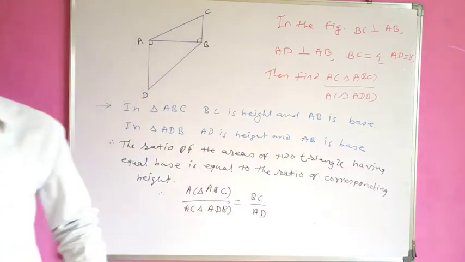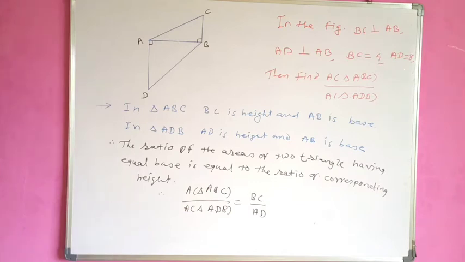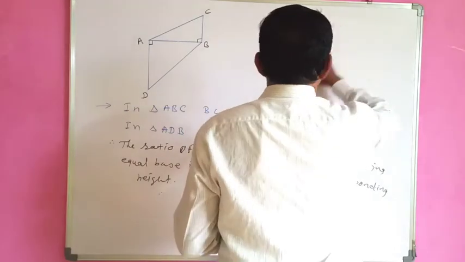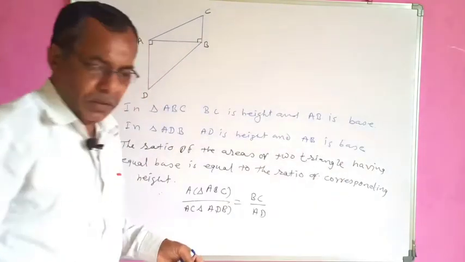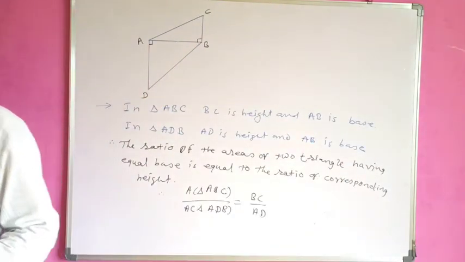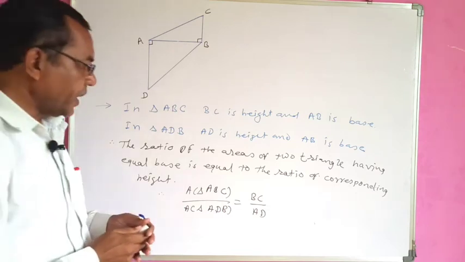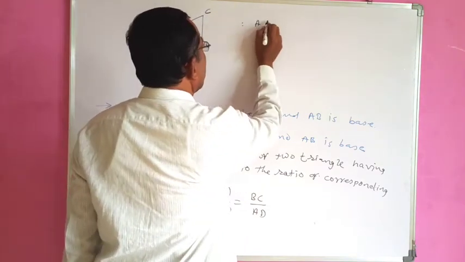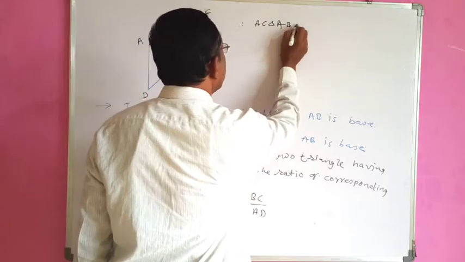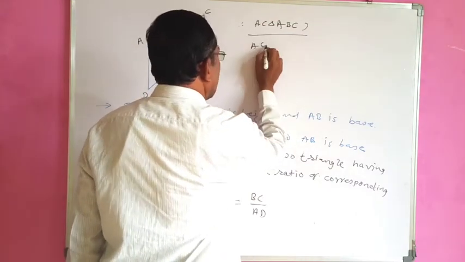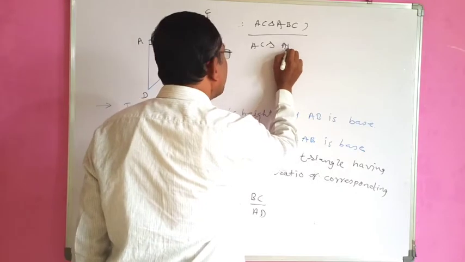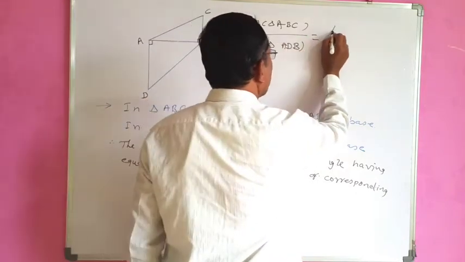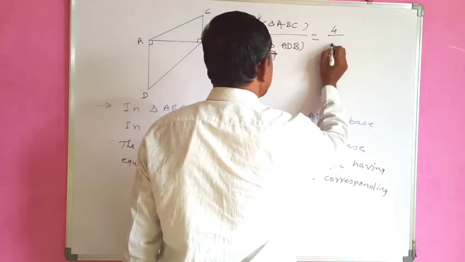I will write the remaining part of the example at the upper side here. See here, BC is equal to 4 and AD is equal to 8. Therefore area of triangle ABC divided by area of triangle ADB is equal to BC, 4, divided by AD, 8.